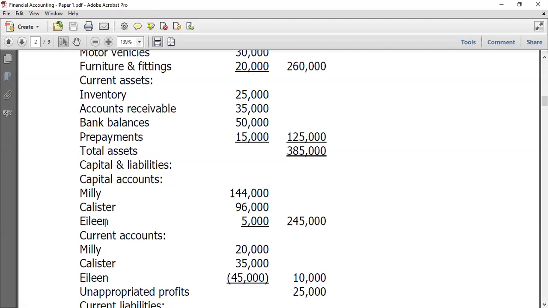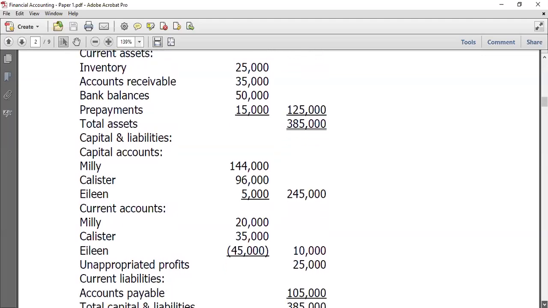As you can see, the current account and the capital account are lookalikes, but the current account records more of the changes of operations between the partner and the business. It records things like interest on drawings, drawings themselves, profit share, and things like interest on loan, interest on capital, and so on, as we shall see.